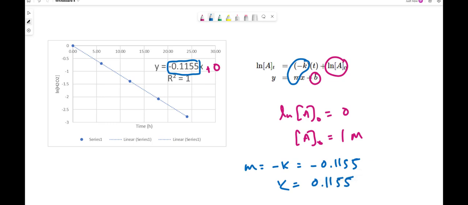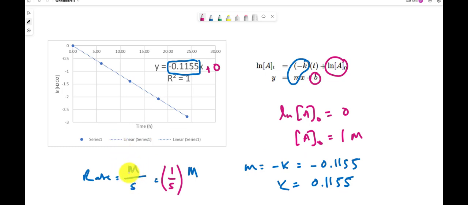And what are our units? Well, remember, if the rate is in units of concentration change per time, let's say that's molarity per second, then we would need something that cancels out the concentration of this particular species and balances those units.